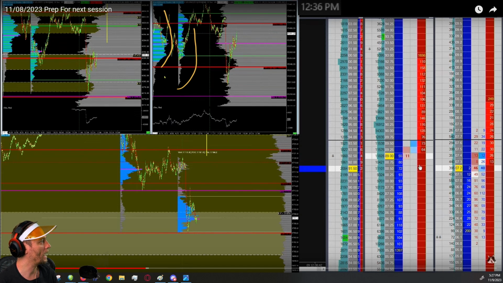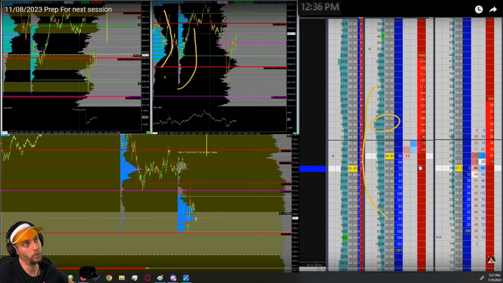So let's go ahead and look at things. These profiles on the DOM are RTH profiles. An easier way to monitor this at this point is to just pay attention to the profile. You can see the lump of the profile is here.